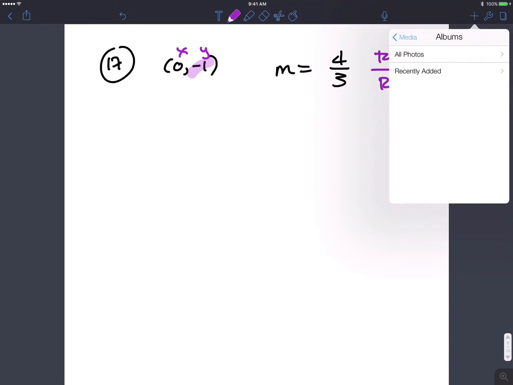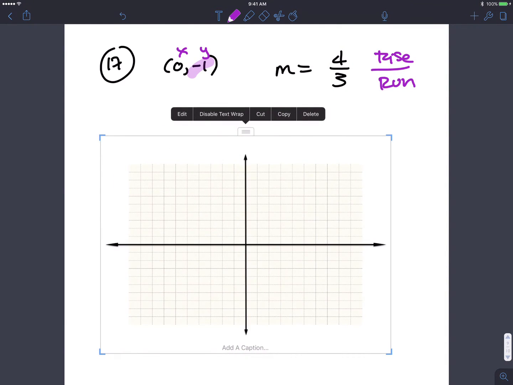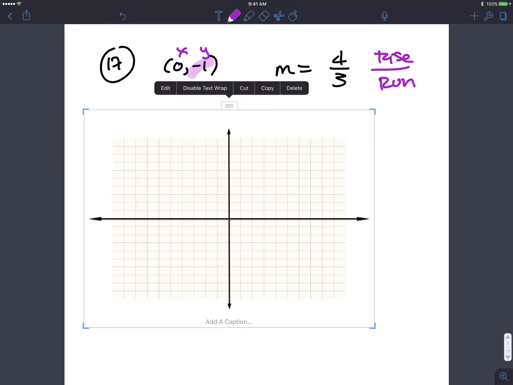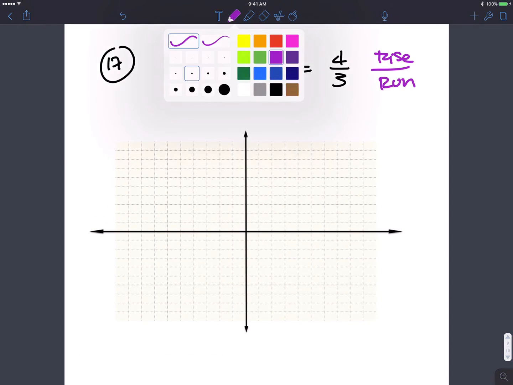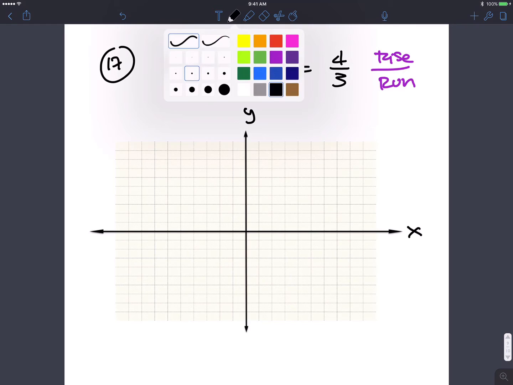Let's use our graph paper. X-axis, y-axis. Here we go.